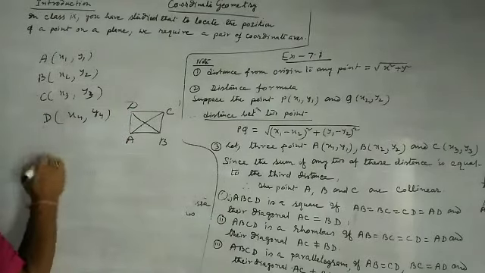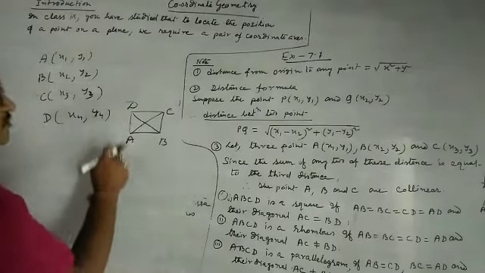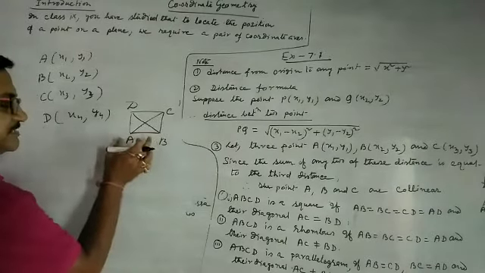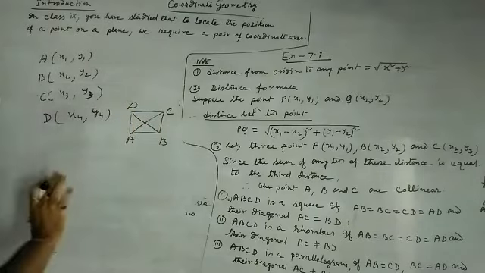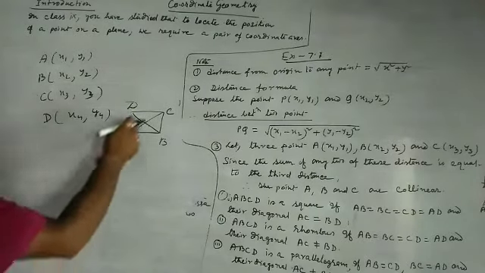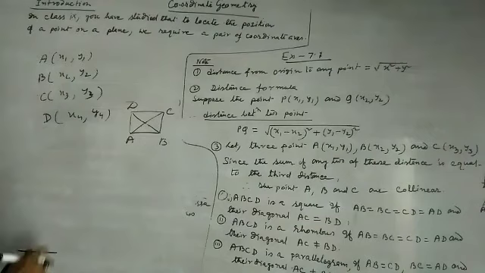Again, if all sides AB, BC, CD, AD are equal but the diagonals are not equal, then this quadrilateral becomes a rhombus. Okay?